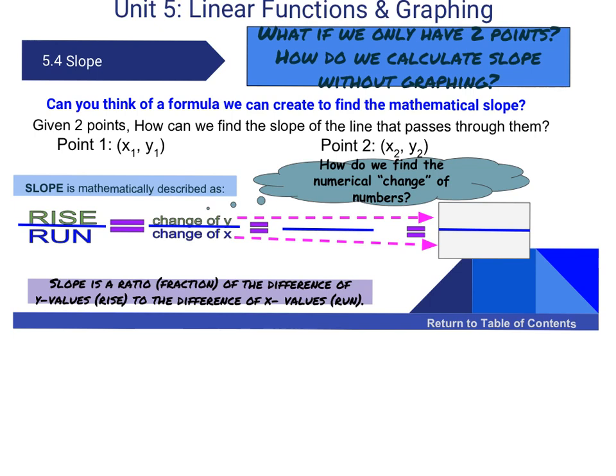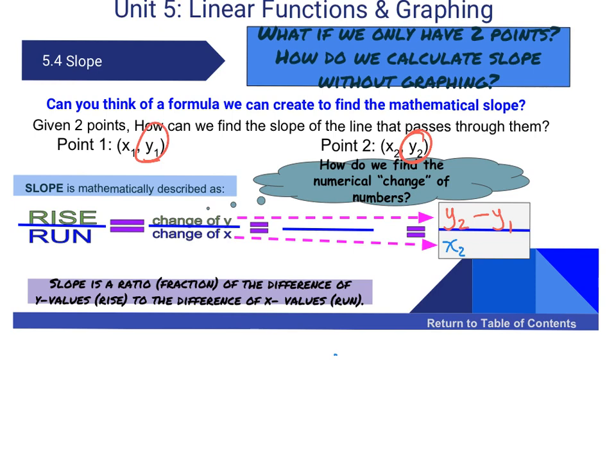So if you want to know the change of y, you find the difference of y's, which means you subtract your two y values. You take y2 minus y1, and that's the change of y. So what do you think the change of x is going to be?